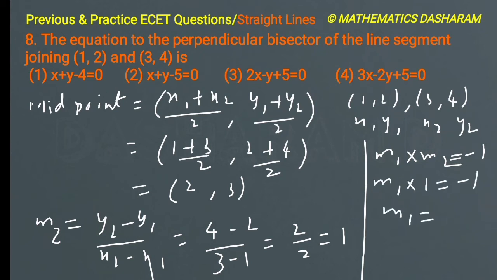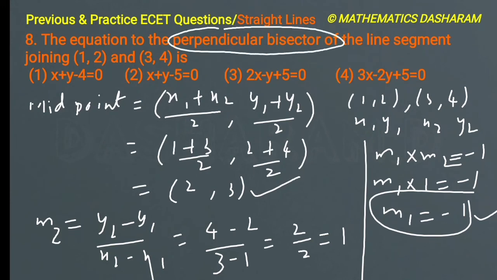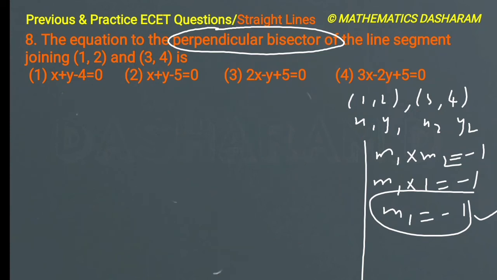So m1 equals minus 1. Then finally, the point is (1.2, 3) and the slope is minus 1, so it is a perpendicular bisector, the value can be found.